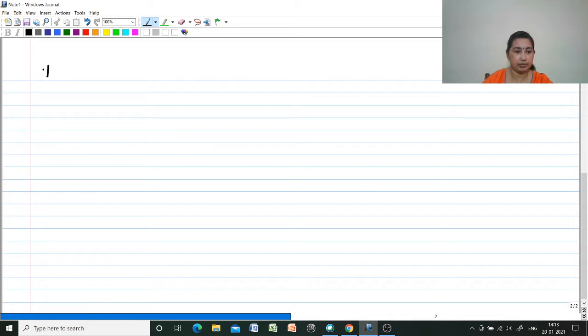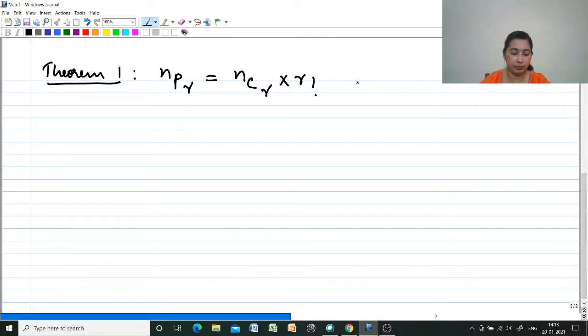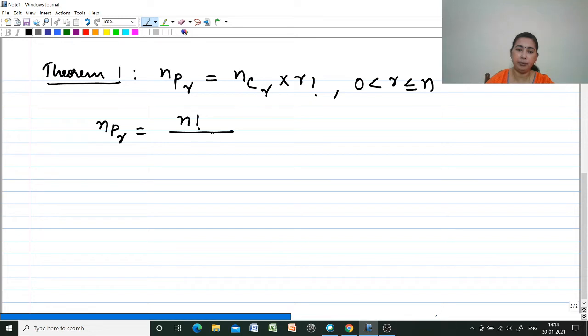First is the first theorem related to combination. Theorem 1: nPr is equal to nCr into r factorial, where 0 is less than or equal to r, which is less than or equal to n. That's the first theorem. So that means we can find what nCr is. We know that nPr is the same as n factorial divided by (n minus r) factorial.